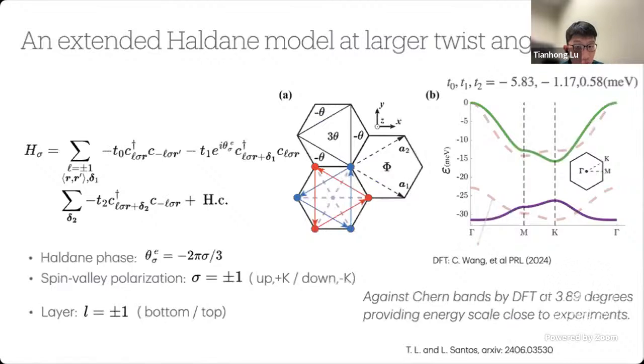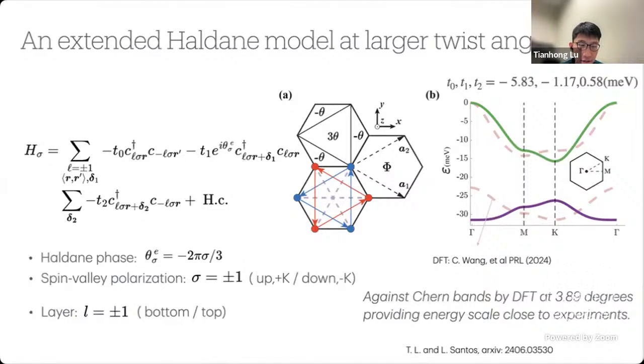And in our work, we constructed an extended Haldane model for larger twist angles. So basically, we added a third nearest neighbor hopping. We still have the nearest neighbor hopping T0, the second nearest neighbor hopping T1, and the Haldane phase fixed by symmetry.